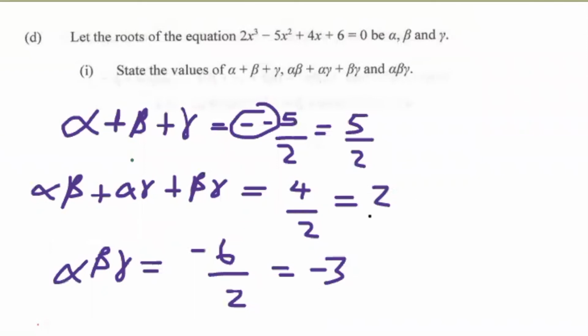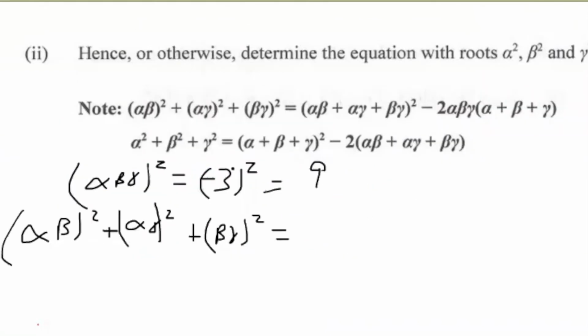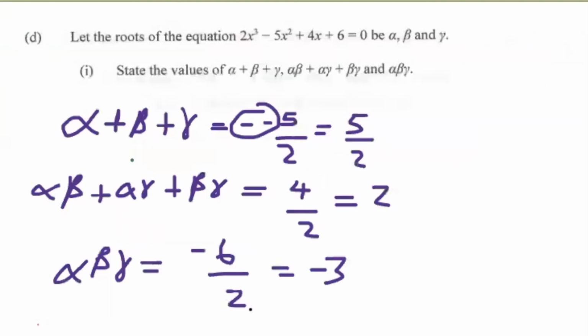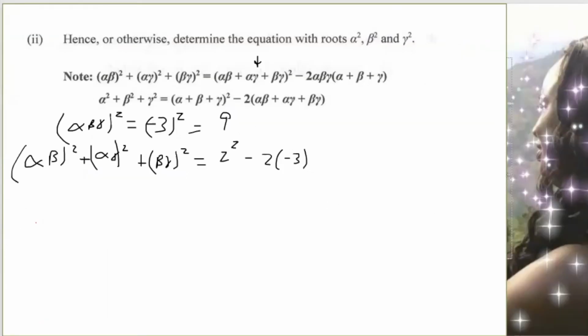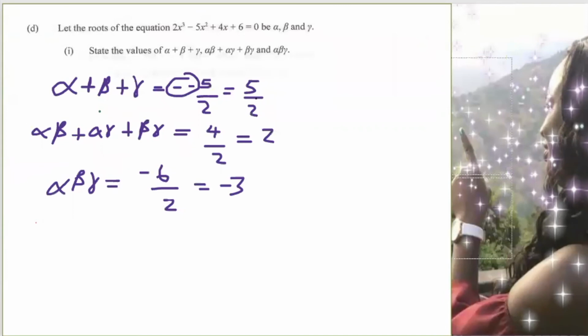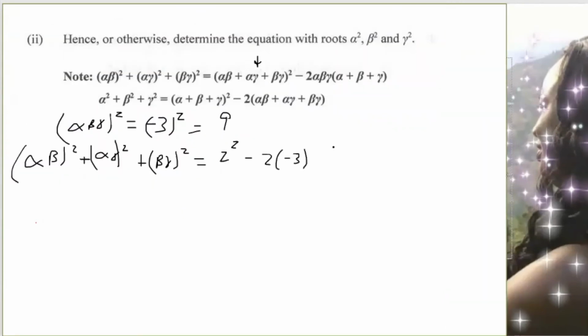So replacing here with 2, I have 2 squared minus 2 times alpha beta gamma, which was already found to be negative 3, so I replace here with minus 3. And then I have alpha plus beta plus gamma, which is 5 over 2.